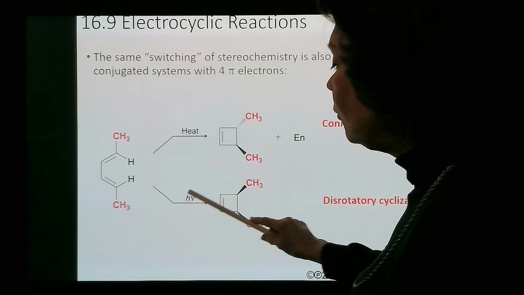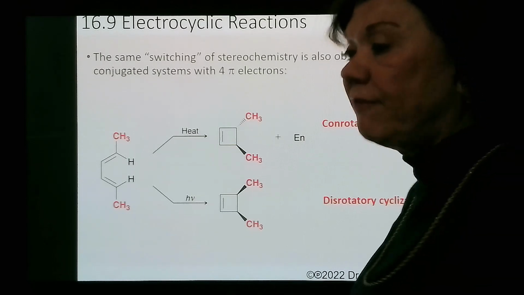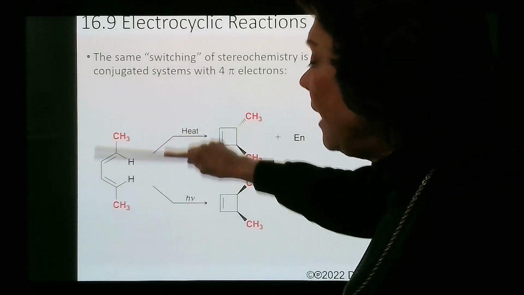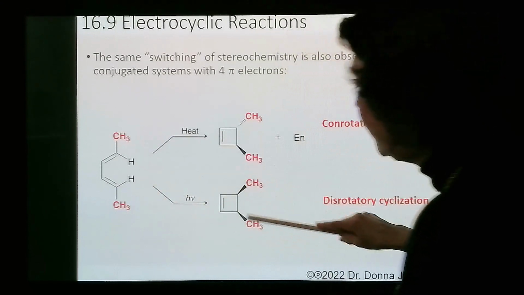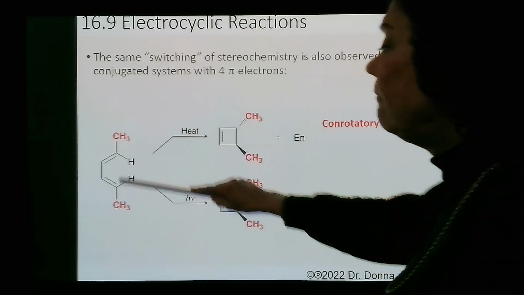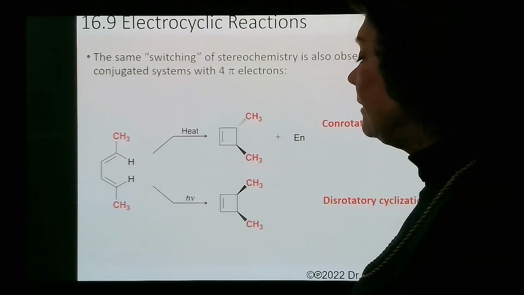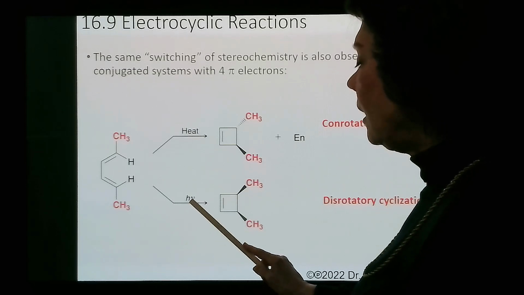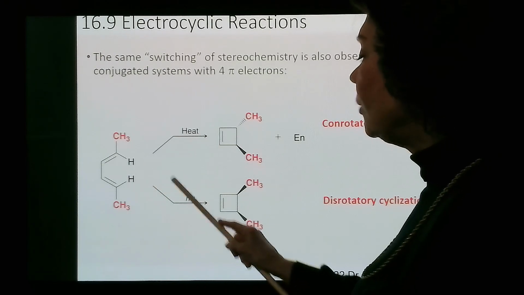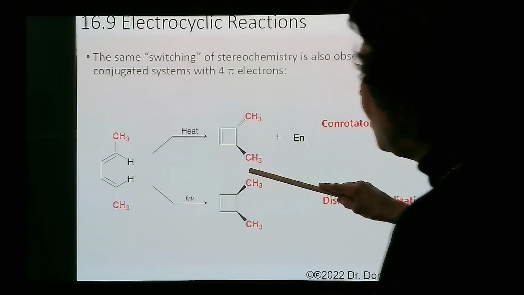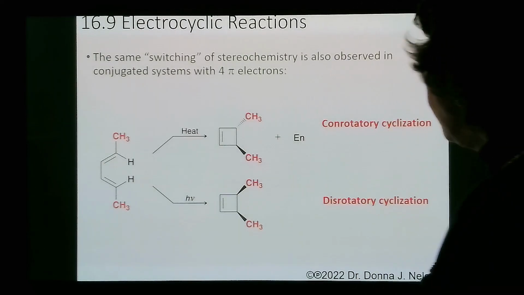However, if you add light to the reaction, you've got two reversals, which means that the methyls, which are on the same side here, wind up still on the same side, because the 4 pi electron system will reverse it once, and then switching to light, the photocatalyzed reaction, will reverse it again. And two reversals give you the retention of stereochemistry.